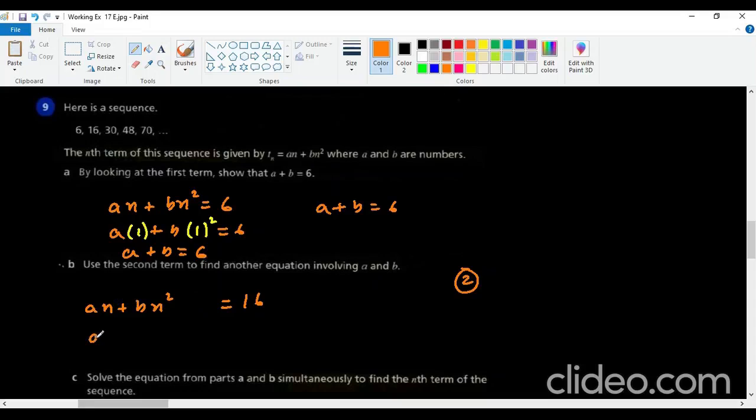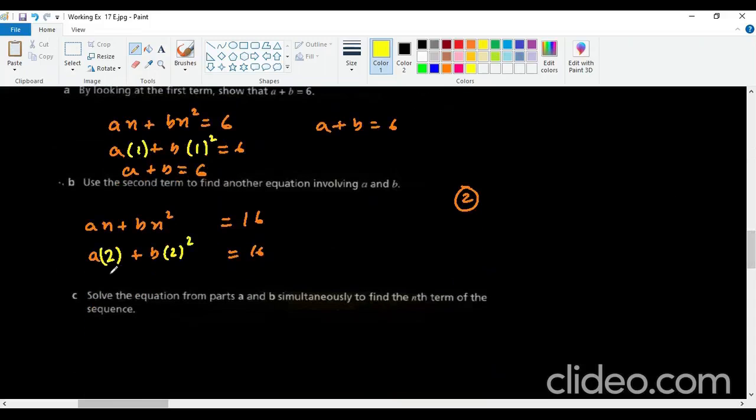That means a plus b equals 16, but in place of n I'm going to write 2 here, and 2 square here. So this is going to give us 2a plus 4b equals 16. This is the second term. This is the answer for part B. 2a plus 4b equals 16.